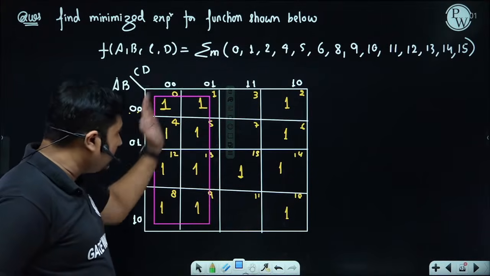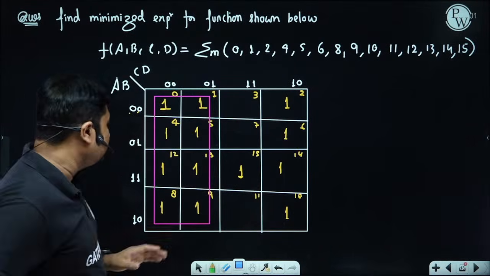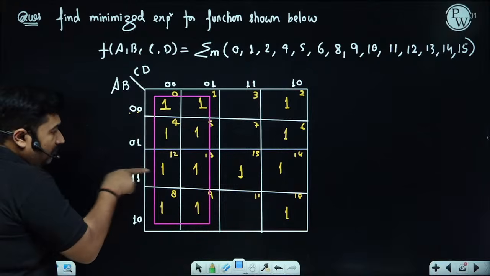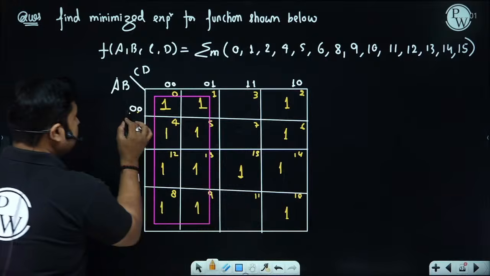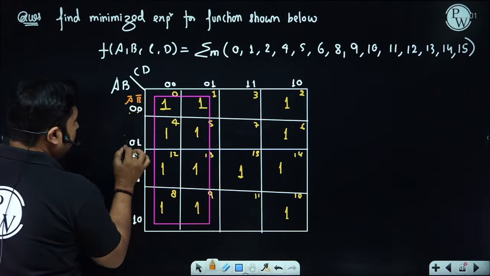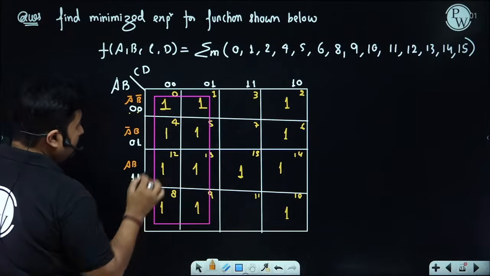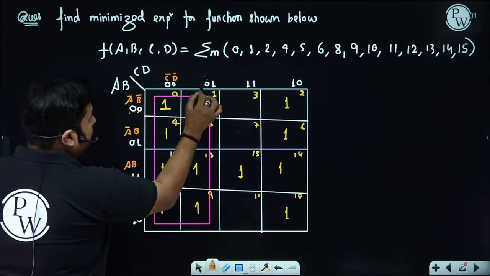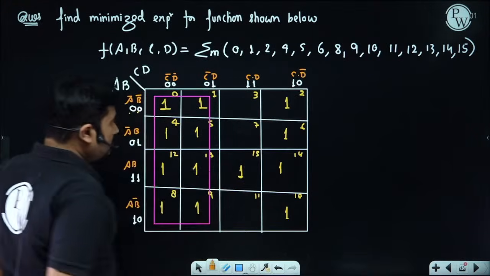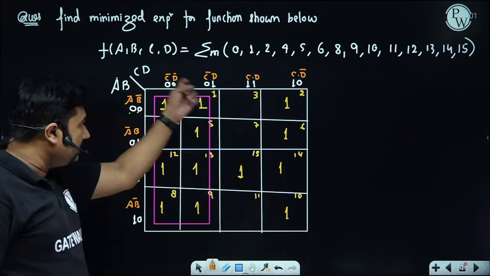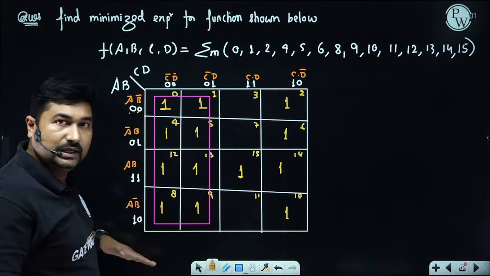What is common in all of the minterms? If we represent this as A bar B bar, A bar B, A B, A B bar, and C bar D bar, C bar D, C D, C D bar, it is not possible to have anything common from this side.